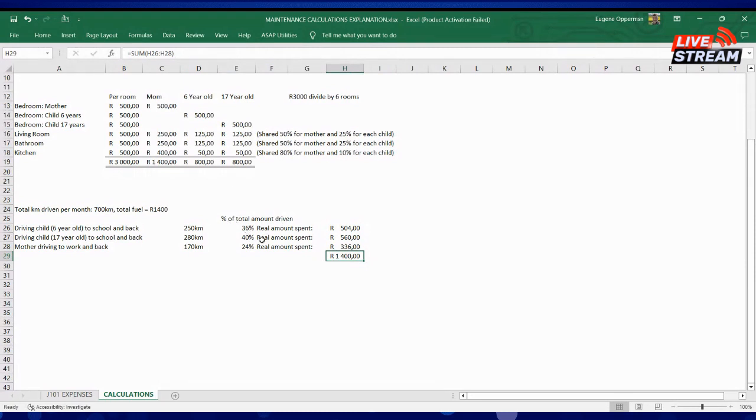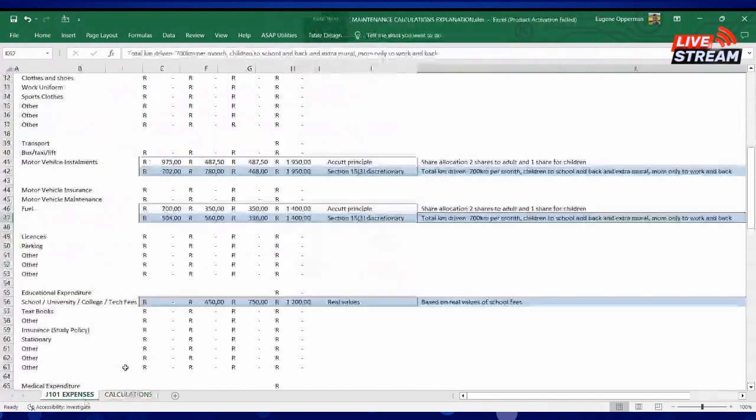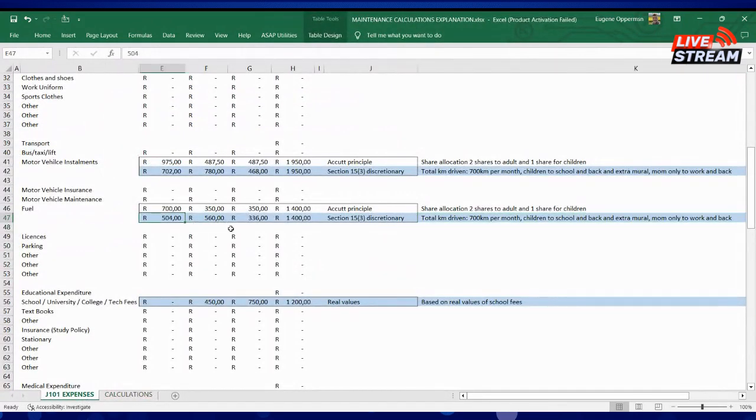It would mean that the fuel expense for the 6-year-old is actually 504 Rand, because that works out to 36% percentage-wise, and the 17-year-old 40%, and then the mom only 24%. And then you can use these as actual figures of what is spent. Remember I said I don't want a fixed amount of 1,000 Rand or 2,000 or whatever.